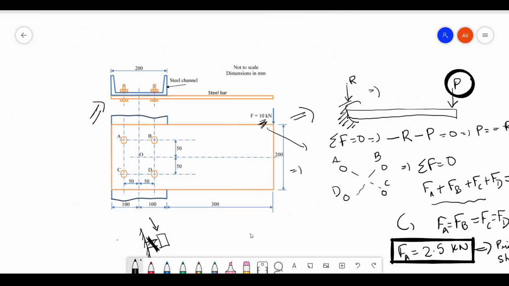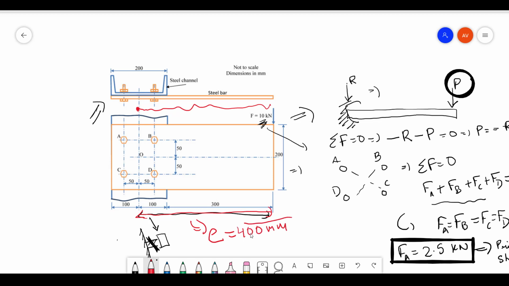Your E is this distance. Let me highlight it nicely. So your E is this distance, from the load to this central axis. So your E is going to be how much? 300 plus 100, so 400 mm.